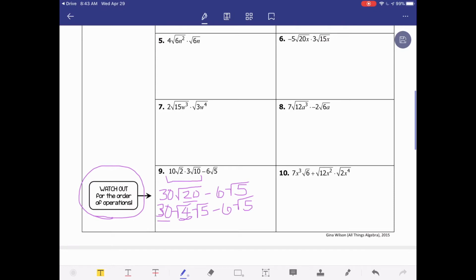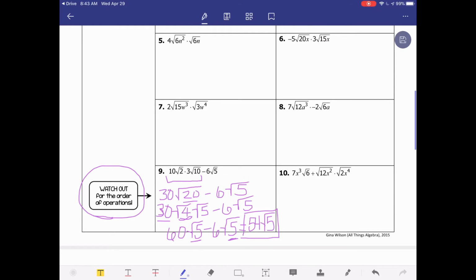And then I'll do 2 times 30, which leaves me with 60 radical 5 minus 6 radical 5. Now that I have a common radicand, I can go ahead and subtract these two. So I'm going to subtract my coefficients, 60 minus 6, and my radicand is going to stay the same. 60 minus 6 is going to give me 54, and I still have radical 5. So 54 radical 5 will be my final answer.